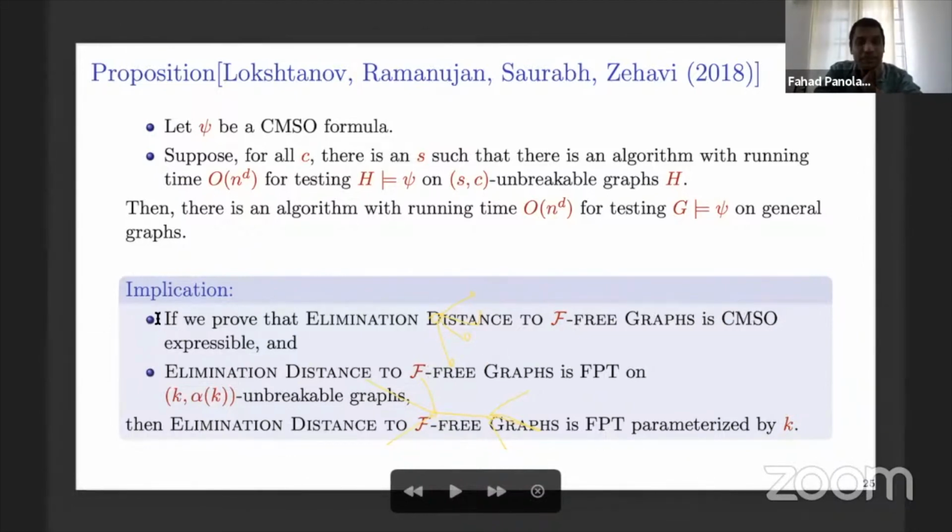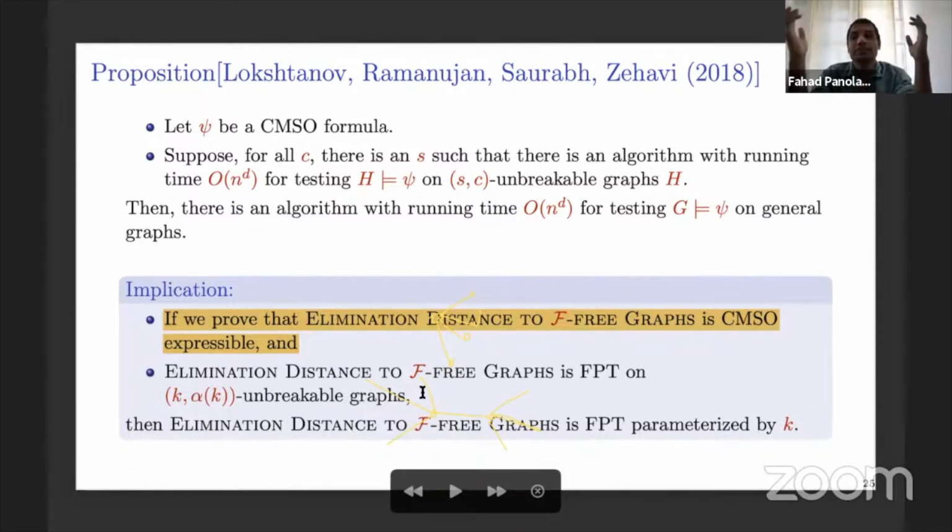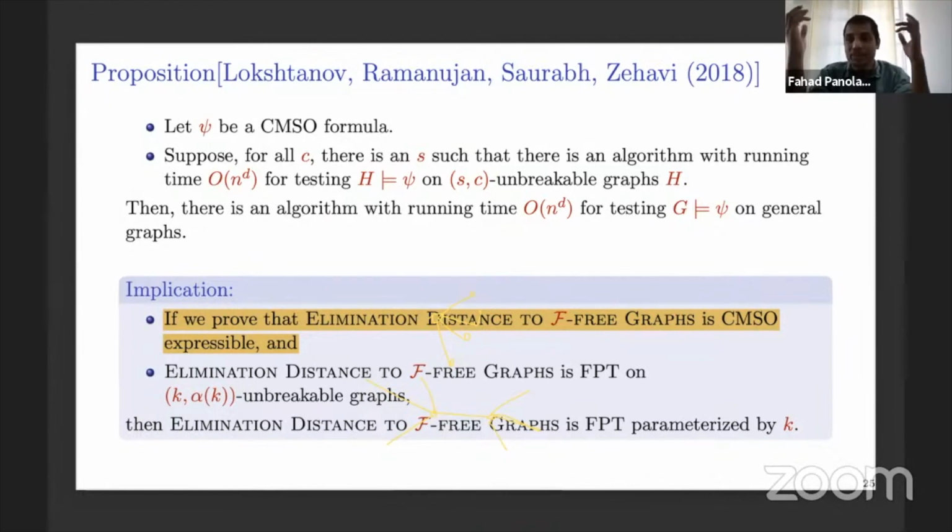And because of that, we proved the first part, and then that says that we only need to design an algorithm on unbreakable graphs. When a graph is unbreakable, the meaning is that in my hypothetical solution, the elimination tree or the elimination forest does not contain lots of vertices.